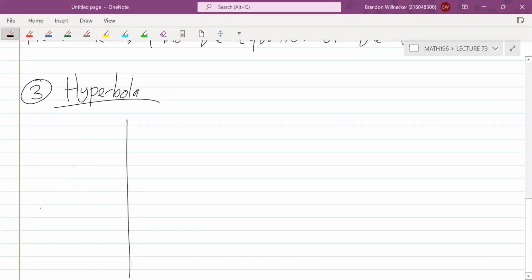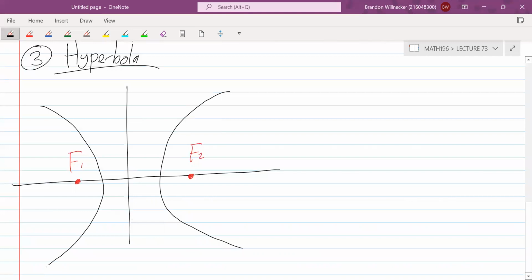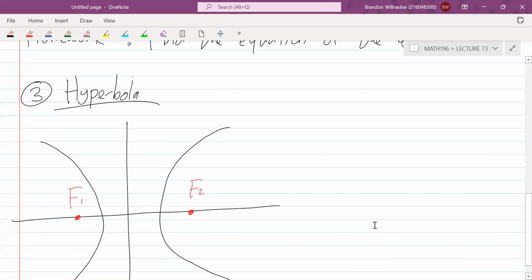For the hyperbola, we can do a similar thing. We've got two focus points, F1, F2. And then the hyperbola is going to look something like this. Then we have a similar thing here.